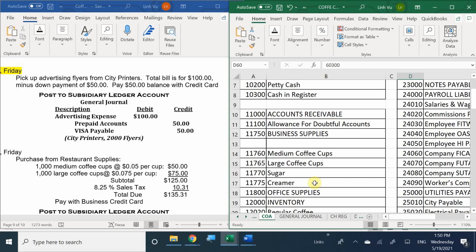Why did we purchase these cups? For our supplies, like cups, sugar, creamer. So that would be under business supplies. Correct. So in this case, it's broken down into individual accounts. Now, what's the difference between business supplies and inventory?